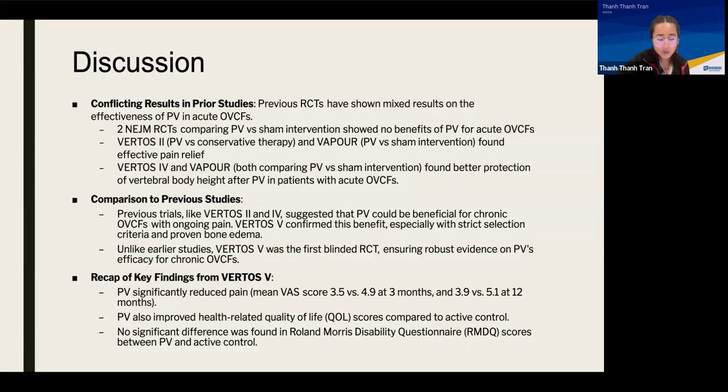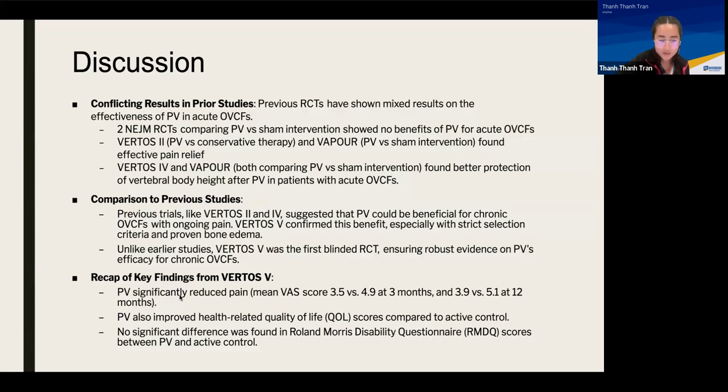So previous trials like VERTOS II and IV suggested that PV could be beneficial for chronic OVCF with ongoing pain. VERTOS V confirmed this benefit, especially with strict selection criteria and confirmed bone edema on MRI. And unlike earlier studies, VERTOS V was the first blinded randomized controlled trial ensuring robust evidence on PV efficacy for chronic OVCF.